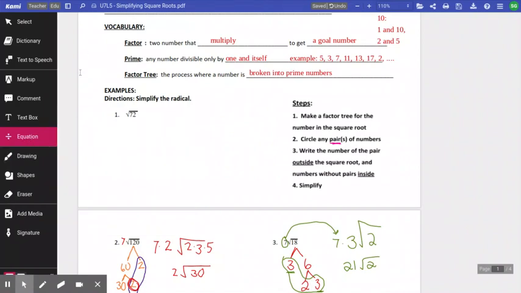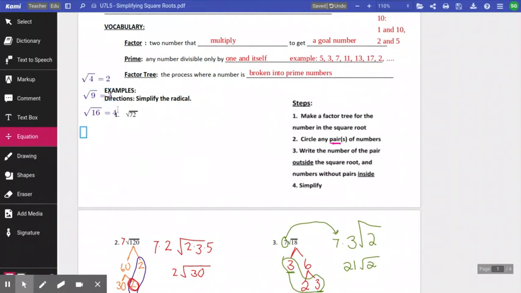For example, the square root of 4 has a perfect square root. The square root of 9 has a perfect square root. You could keep continuing to make this list if you want to pause the video and do it yourself. I'm going to just write a couple more.